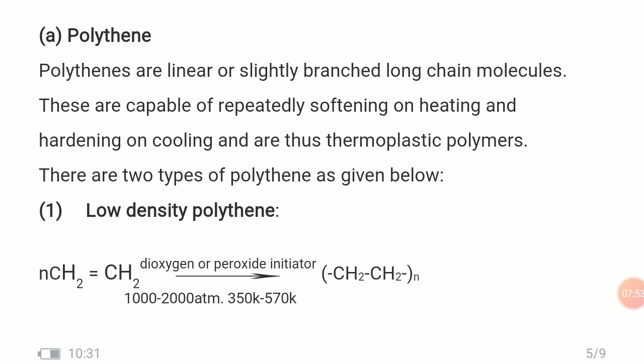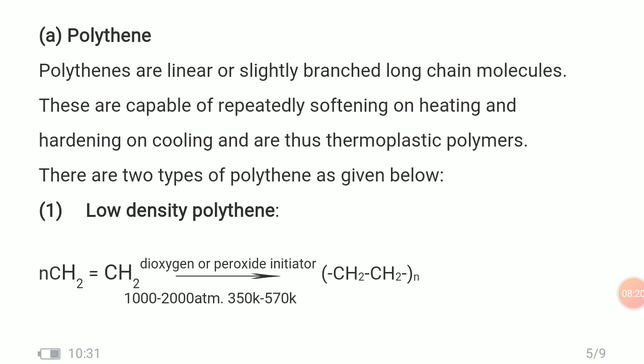There are two types of polythene. The first is low density polythene, whose short form is LDPE. What will happen when n number of ethene molecules react with dioxygen or a peroxide initiator?